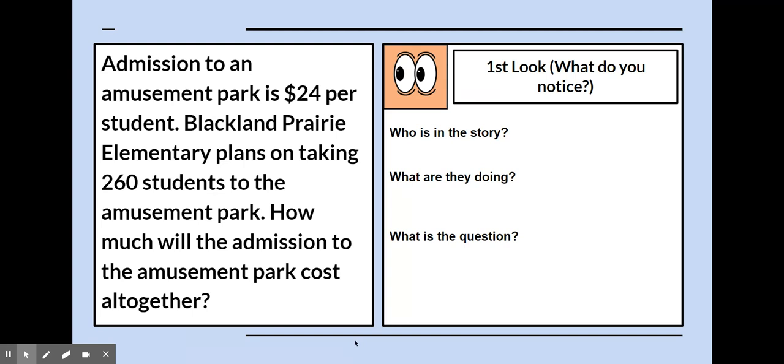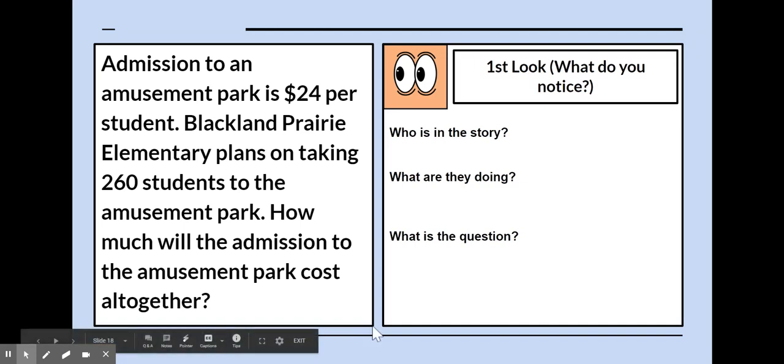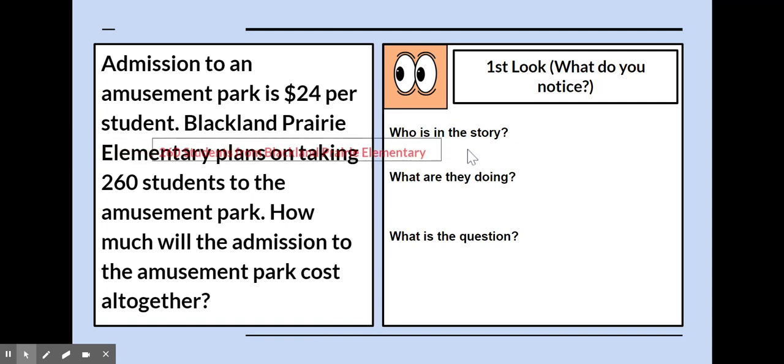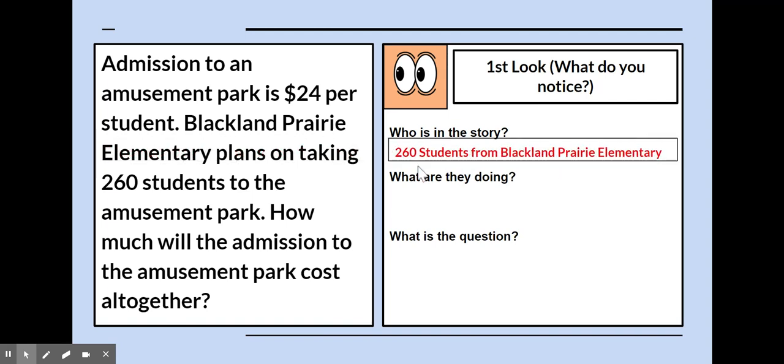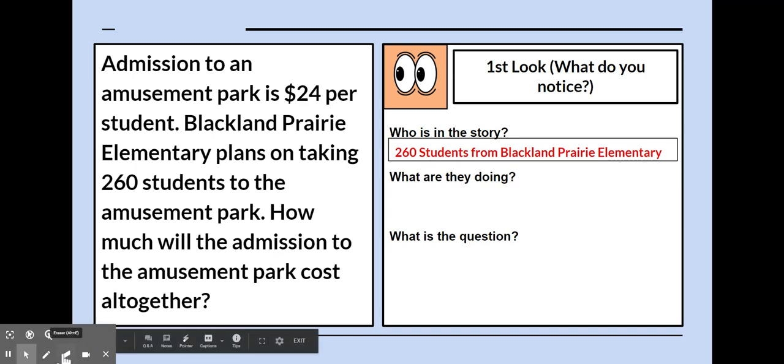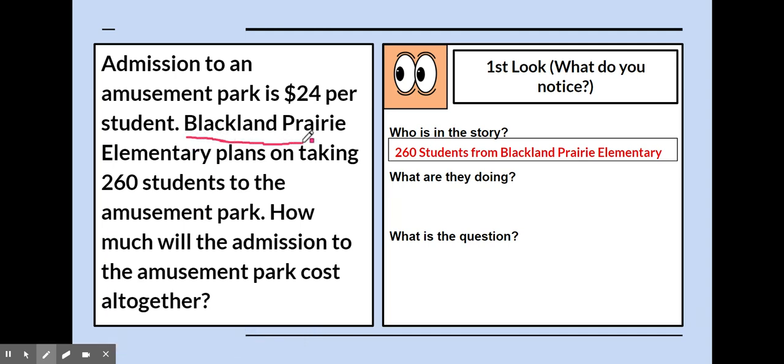How much would the admission to the amusement park cost altogether? So let's pull out what we notice in our problem. Who is in the story? So we know that our story is about 260 students from Blackland Prairie Elementary. And we can even highlight that in our story.